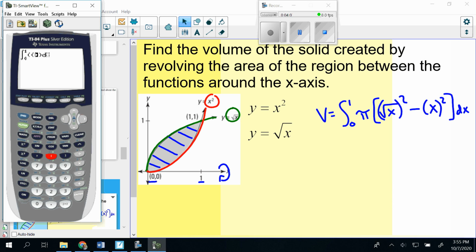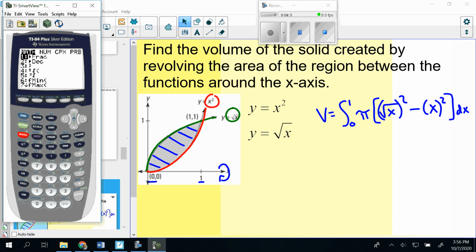Since I have those functions squared, I'm going to put them in parentheses, square root x. And really, we could simplify that since we know square root of x squared is actually just x, but I'll just go with it here. And minus x squared, we know it's going to be x squared.